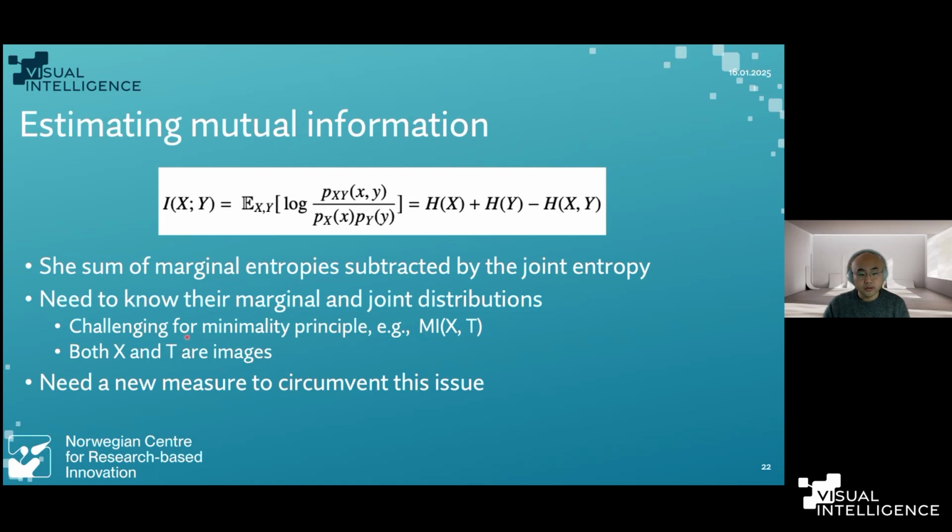So in this case, let's say for the minimality principle between this original input X and this masked input T, they both are images. And then it's very, very difficult to get their true probability distribution because they have very high dimensional representations. So we need a new measure to circumvent this issue.